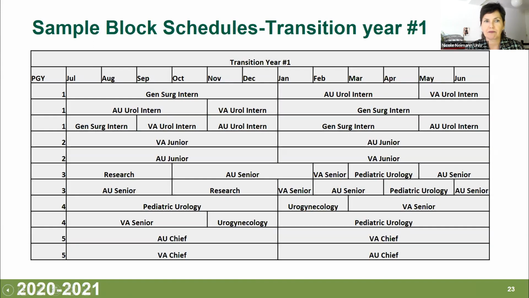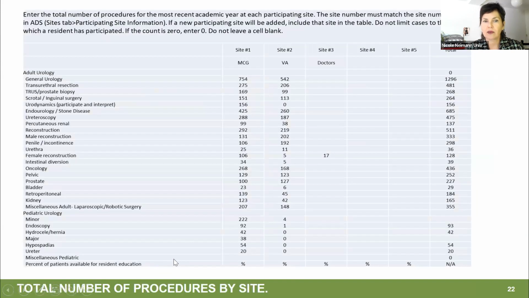Depending on the site, at my institution, at our primary site, 100% of cases involved residents. And then at our secondary site, it was only 80%. So they're able to see that.